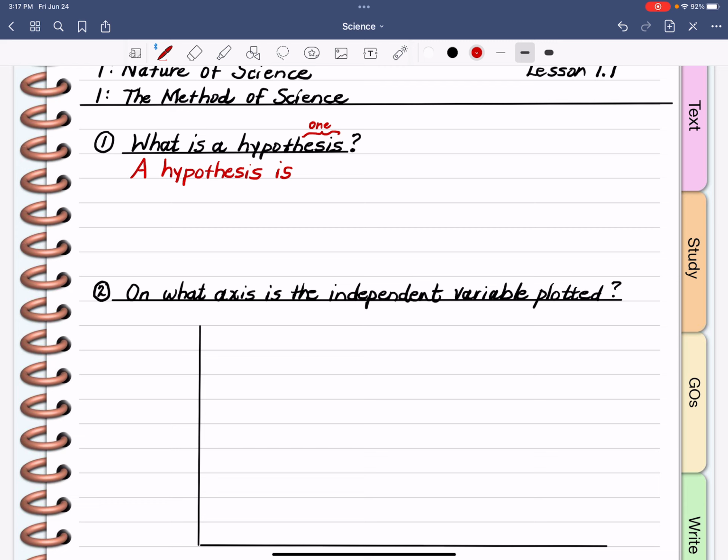A hypothesis is a researcher's, plural, possessive noun, a researcher's educated guess or prediction about a research question.